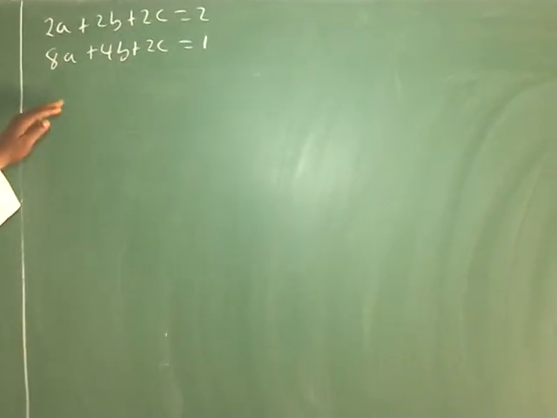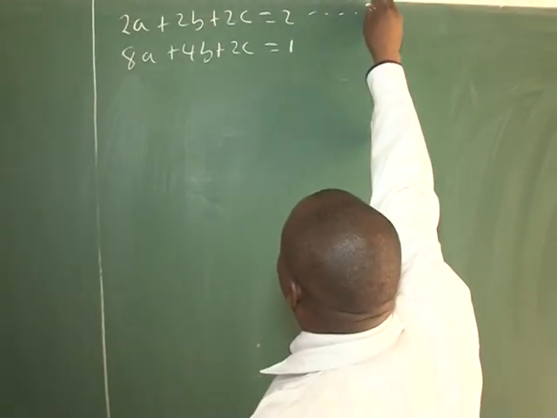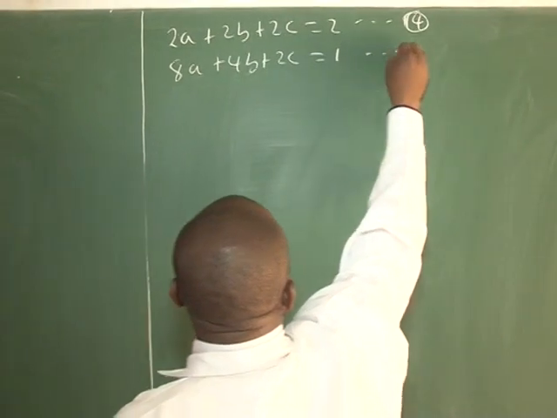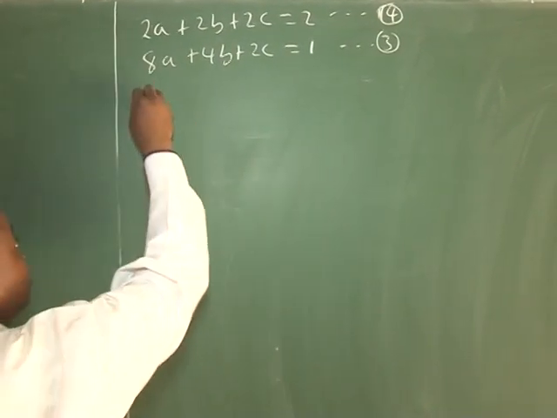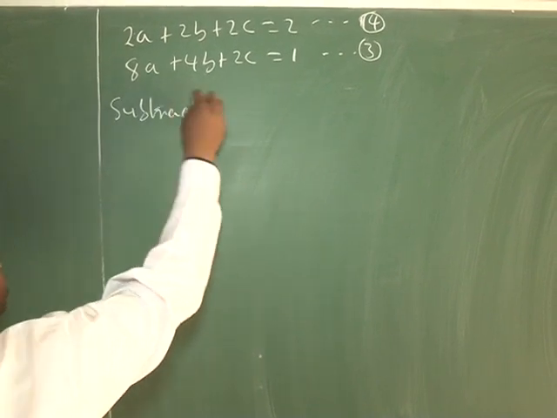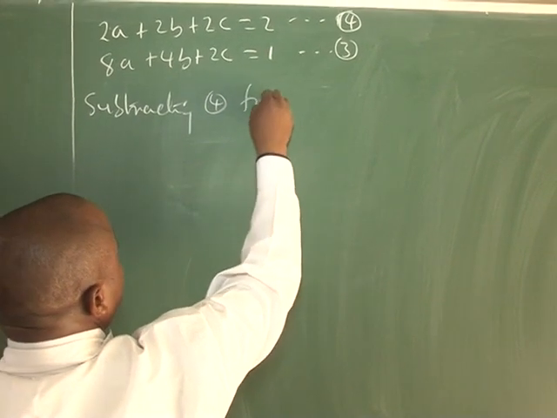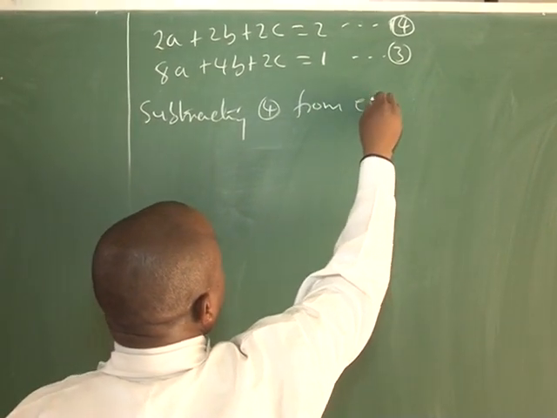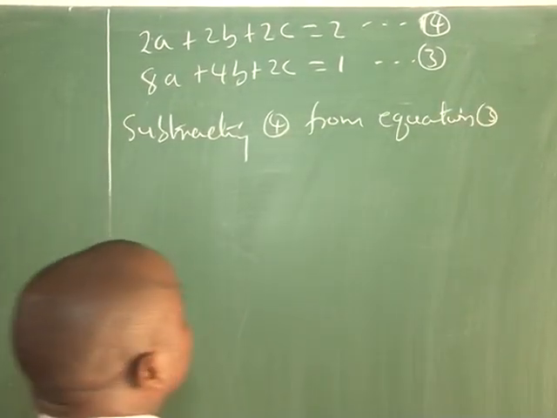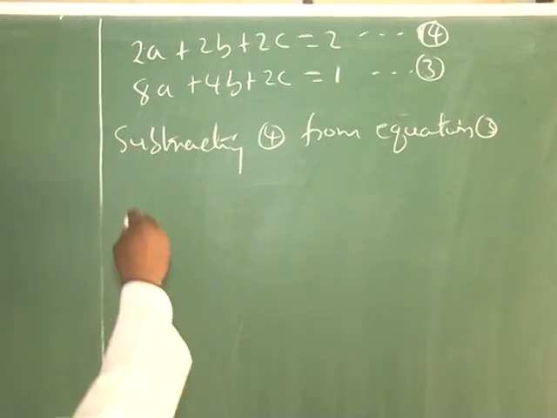This is equation 4. And this is equation 3. Now, subtracting equation 4 from equation 3, because equation 3 is higher than this, so let's do it that way to get the positive value.